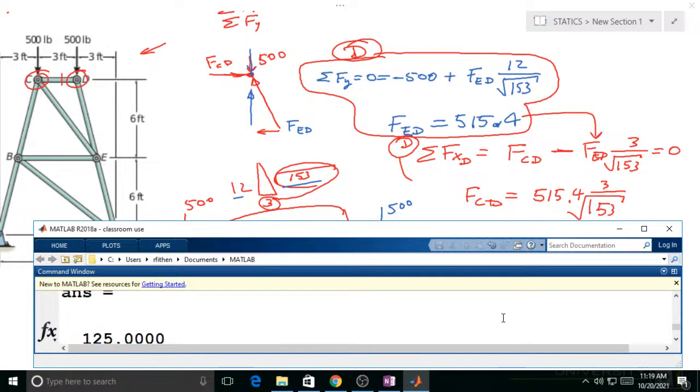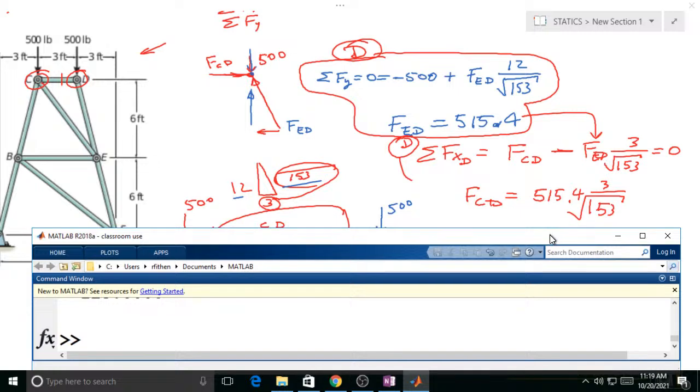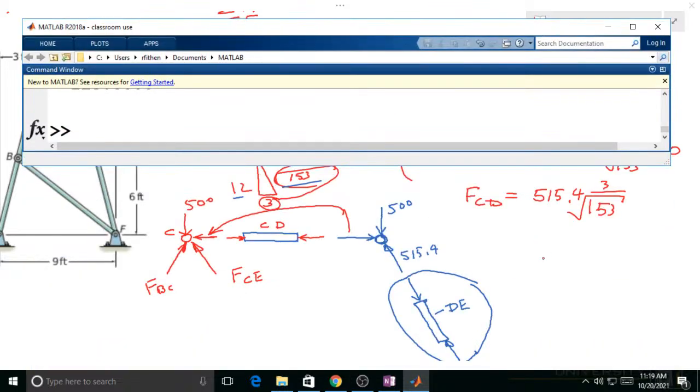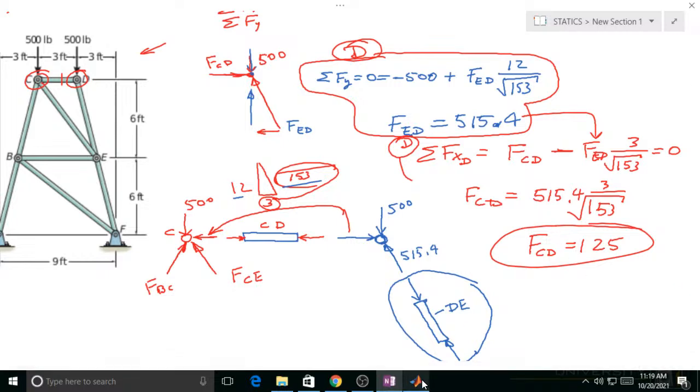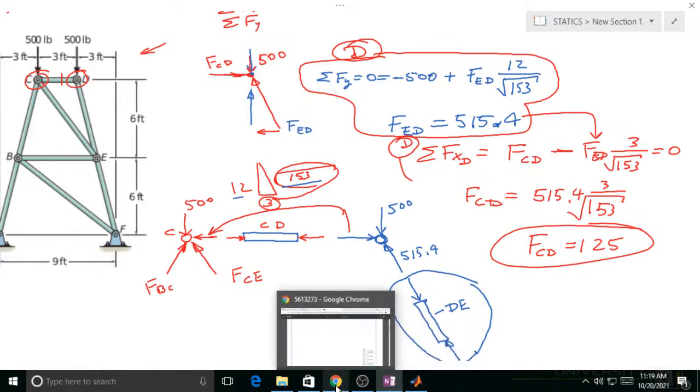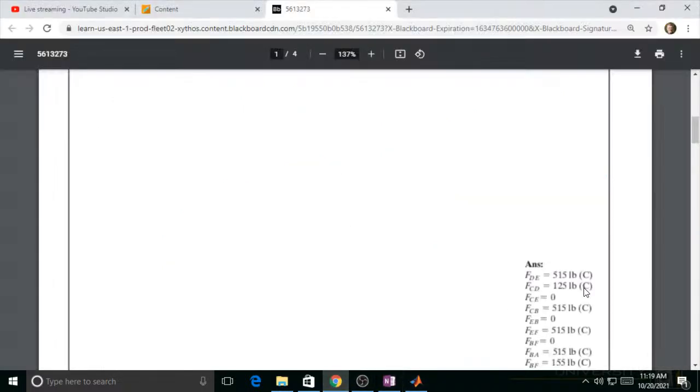What did I do? Oh, I guess I hit 2. Okay, 125. I still don't know what happened to the OneNote. I think it updated itself in midstream or something. I have no idea. So there's your 125, and I can't highlight it because it's an image, I guess.